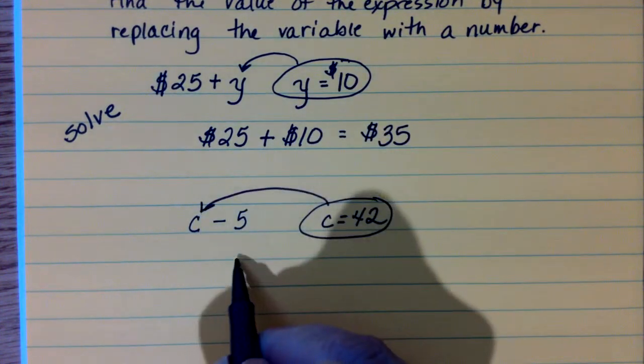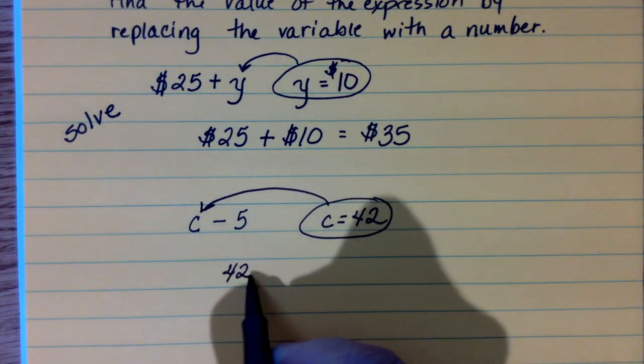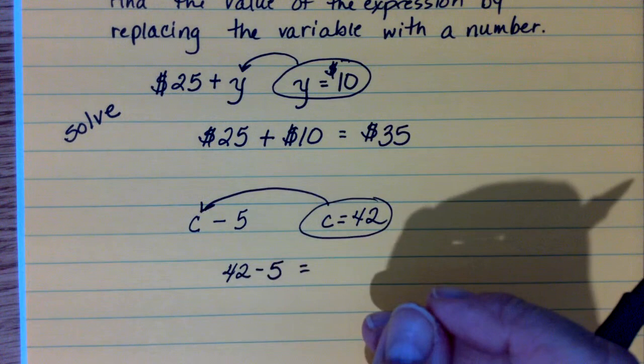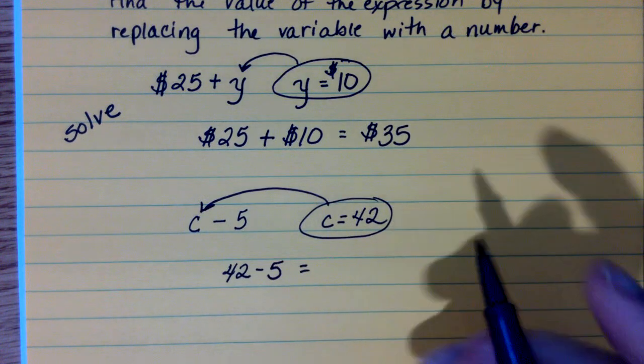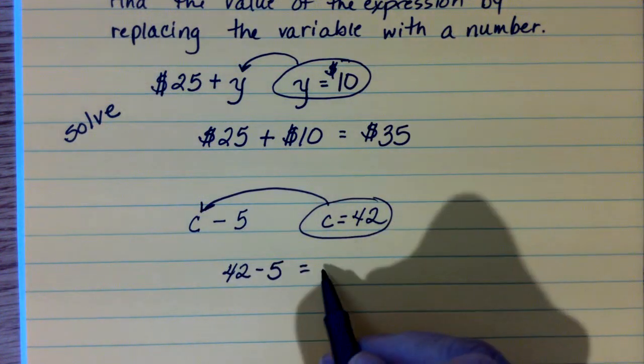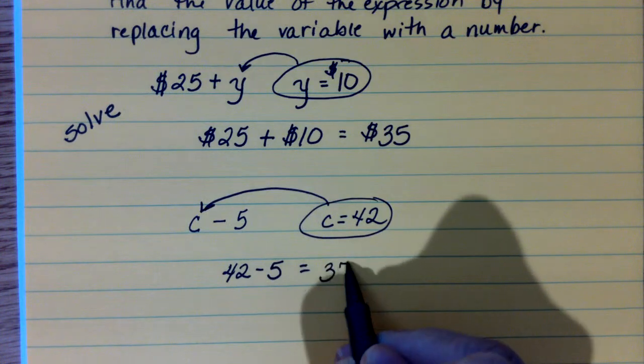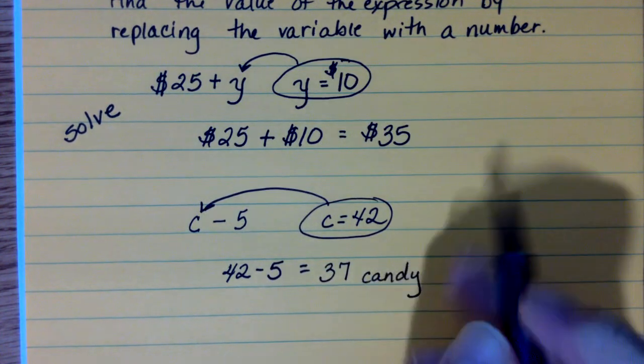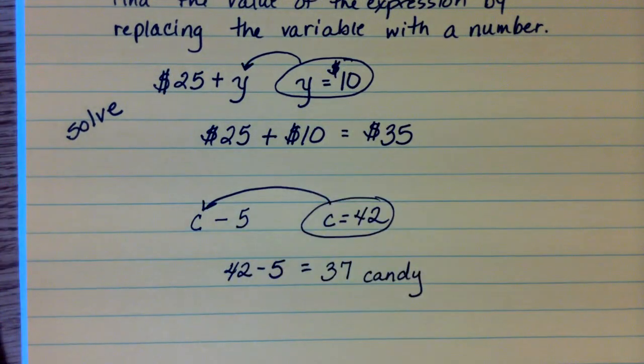So it becomes 42 minus 5. When we do the calculations in our head, we know that 42 minus 5 equals 37 pieces of candy. So this is another example of substituting the number in for the letter.